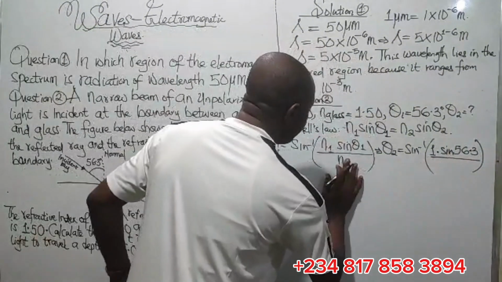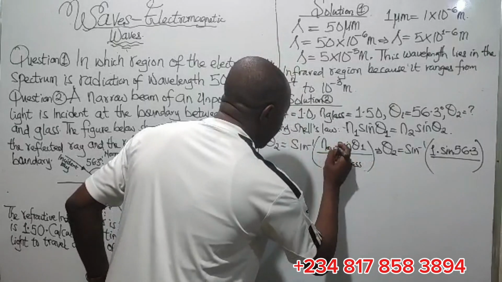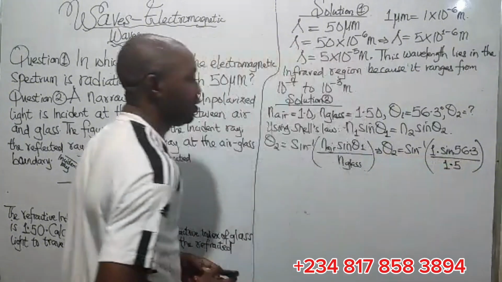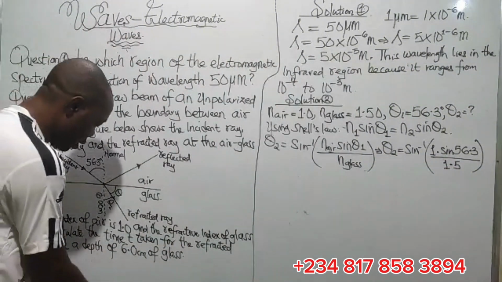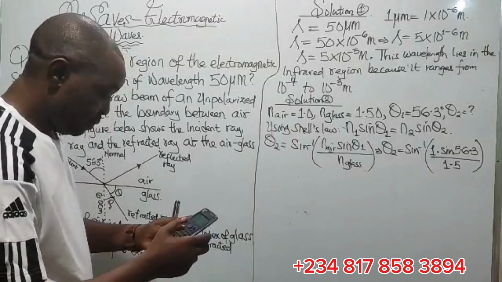Remember, this is glass while this is air. So the refractive index of the glass is 1.5.